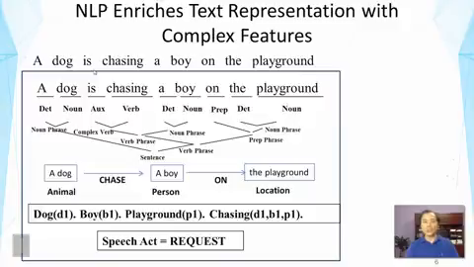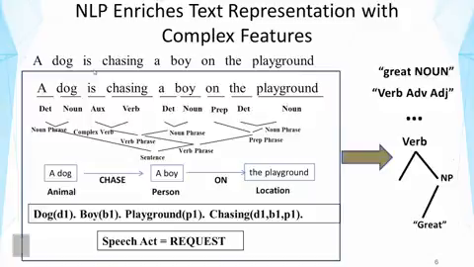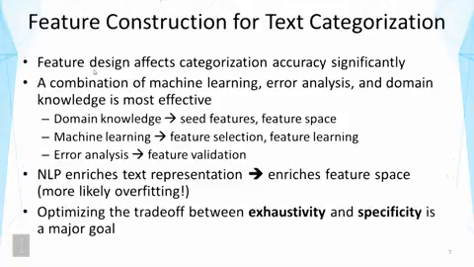Now, with such enriched information, of course, we can generate a lot of other, more complex features, like mixed grams of a word and part-of-speech tags, or even a part of a parse tree. So in general, feature design actually affects categorization accuracy significantly, and it's a very important part of any machine learning application.